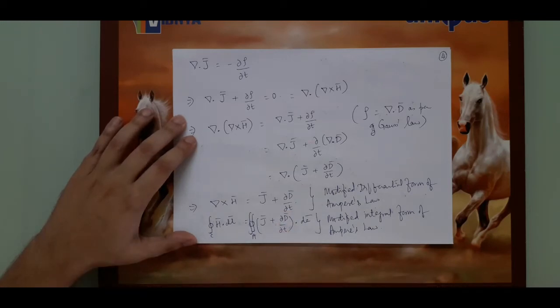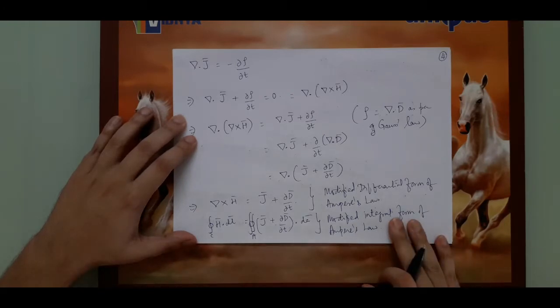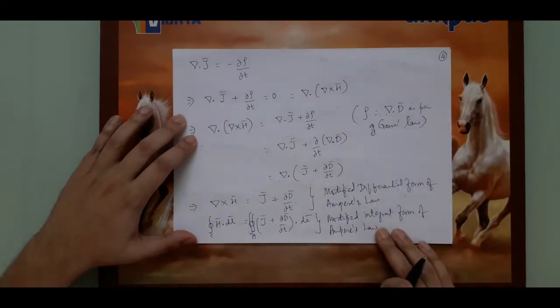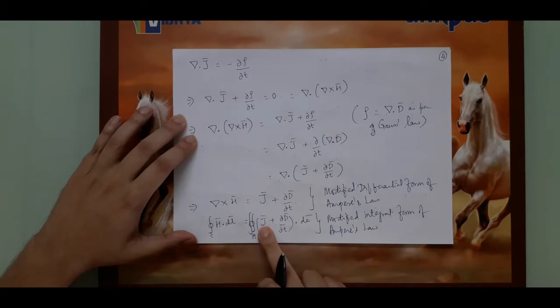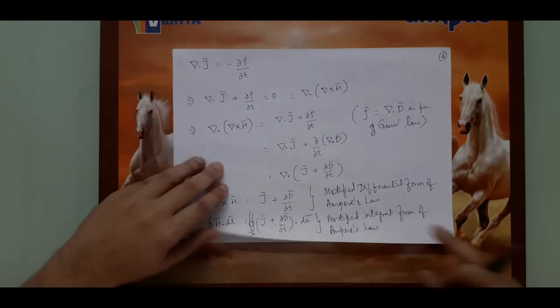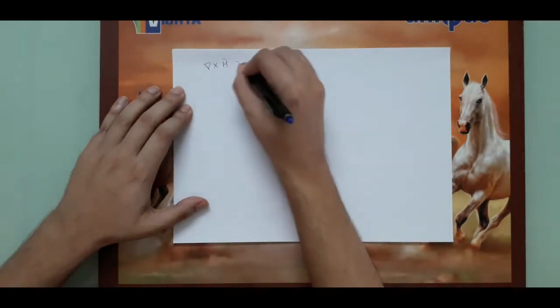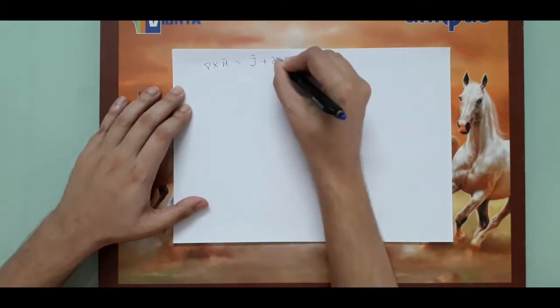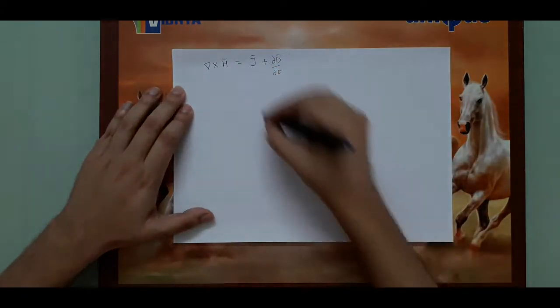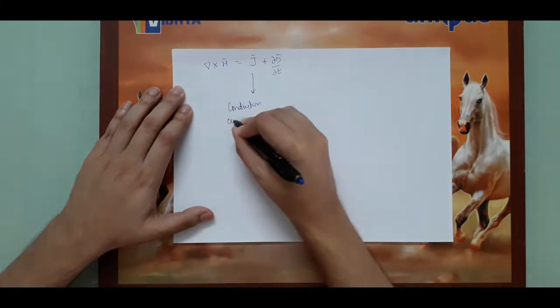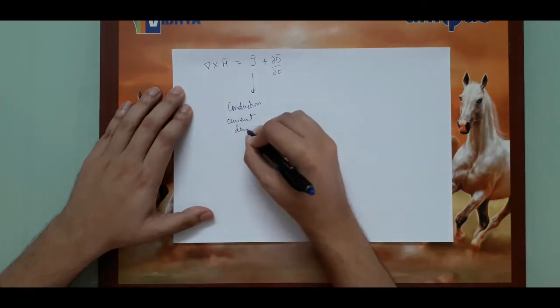development. Why? Because when Ampere proposed his original law, he used a current carrying conductor as the basis. That is why you have this J term. So now if I look at this, the J term, as you know, is called conduction current density.